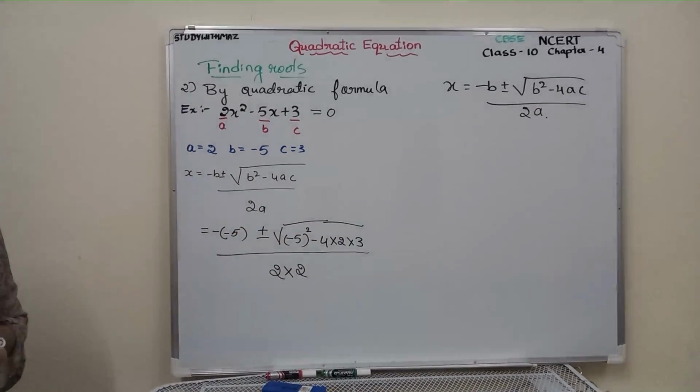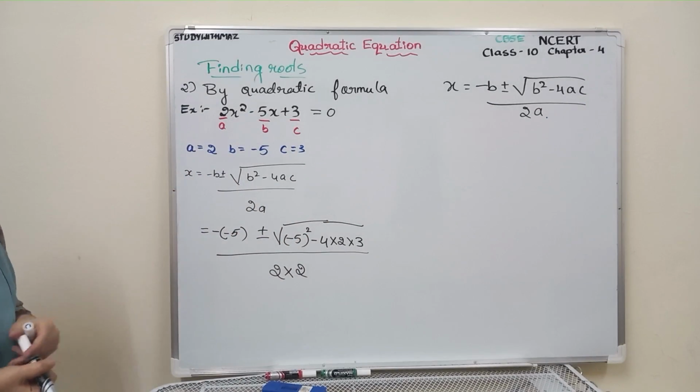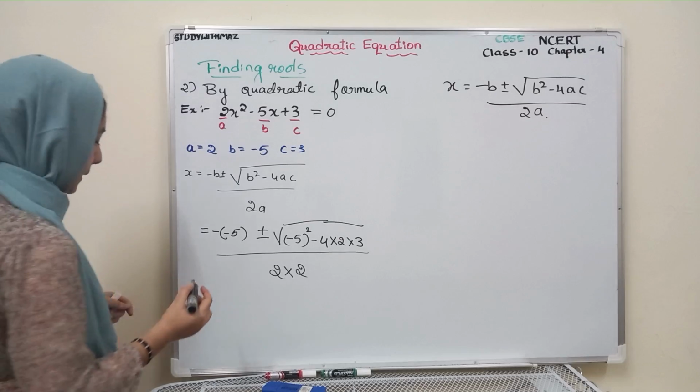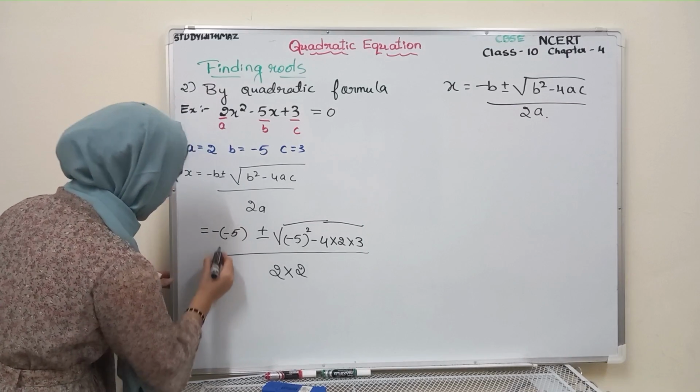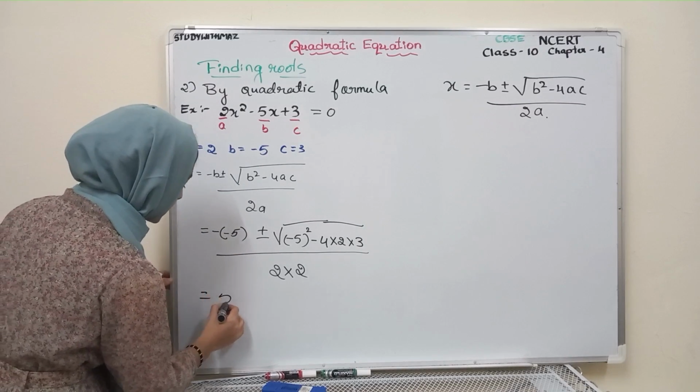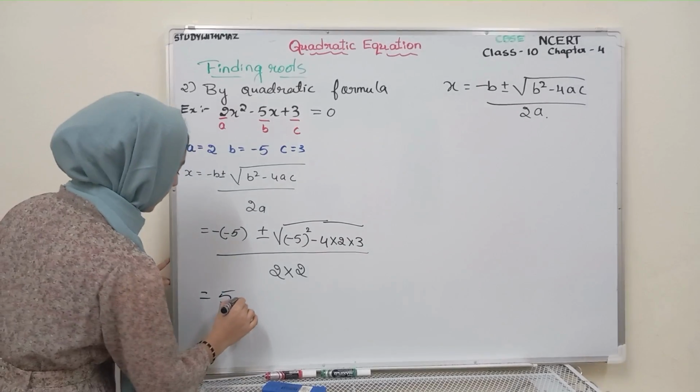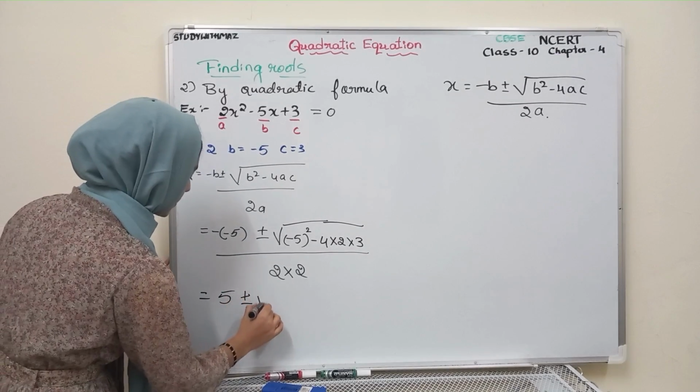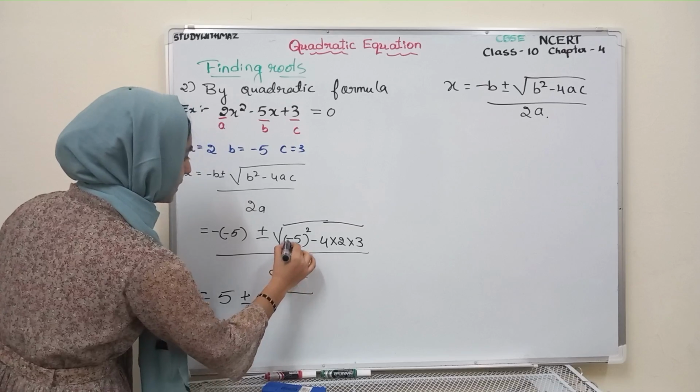Okay, now simplify. Take your time and try to simplify this. Okay, let me simplify. Minus into minus becomes plus. So plus 5 plus or minus square root of minus 5 square.